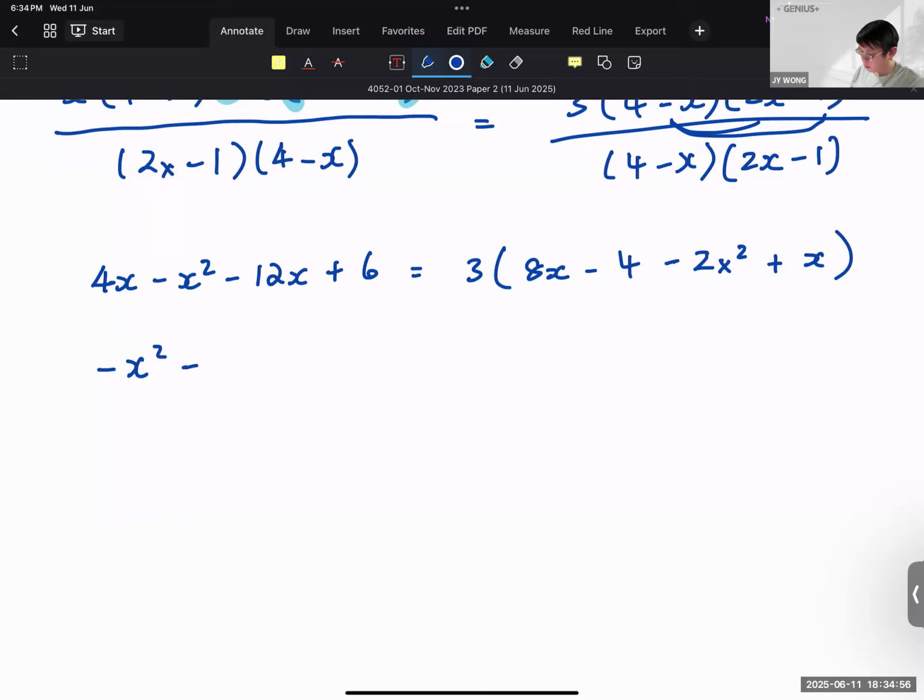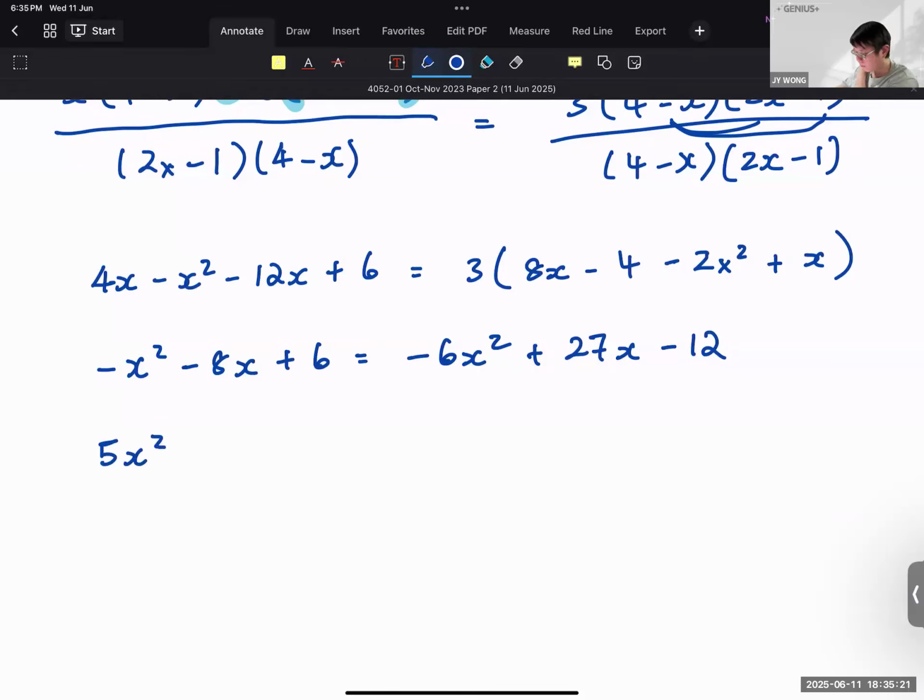So negative x squared minus 8x plus 6 is equal to minus 6x squared. 8x plus x is 9x, so plus 27x. Minus 4 is just minus 4, then becomes minus 12, cos times 3. And now you bring everything to the same side, right?